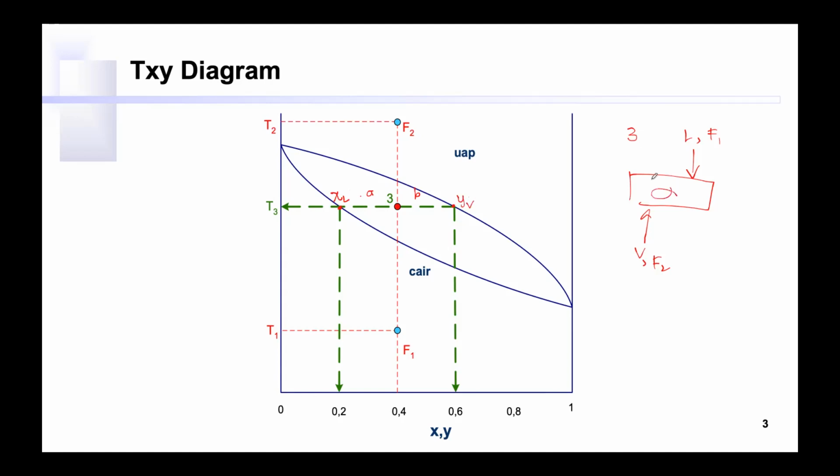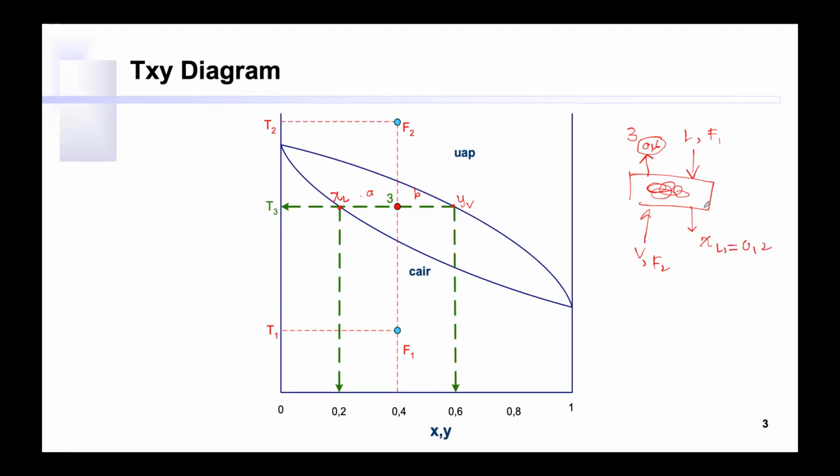After they mix together, they will leave a new vapor that has a composition of maybe 0.6. Now it has 0.6. And the remaining liquid will have around maybe XL of 0.2.